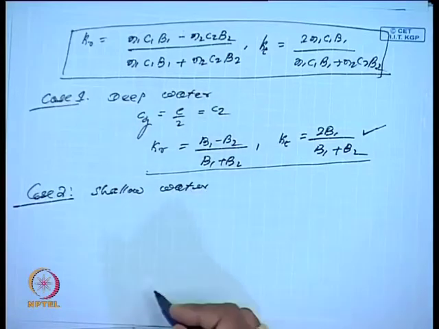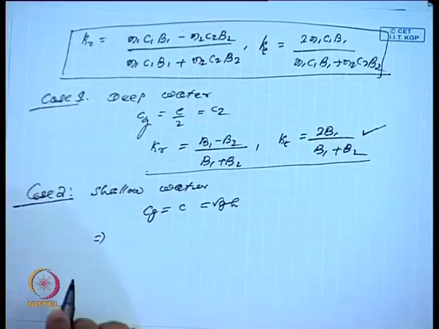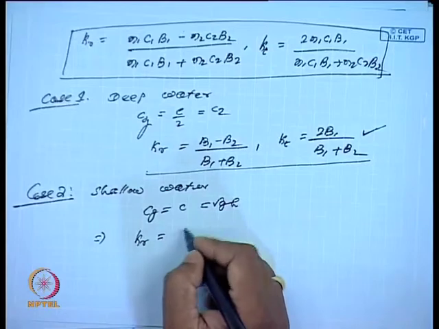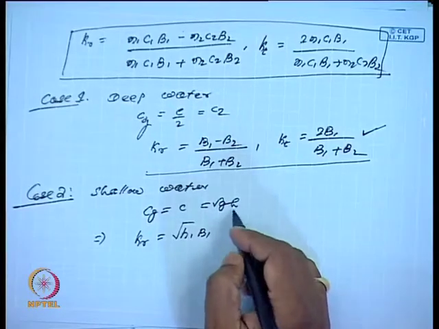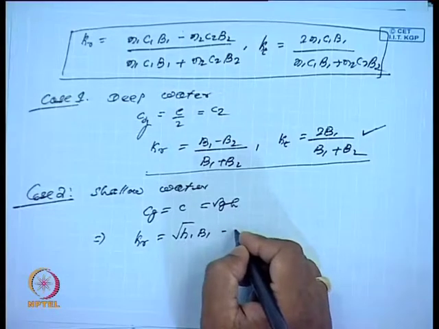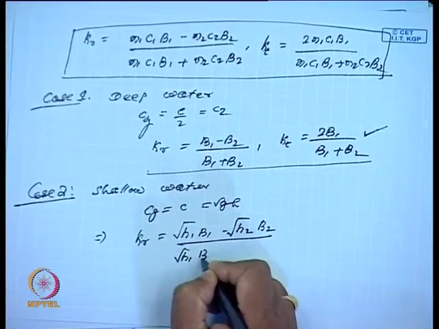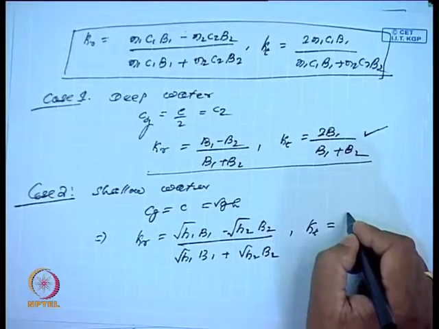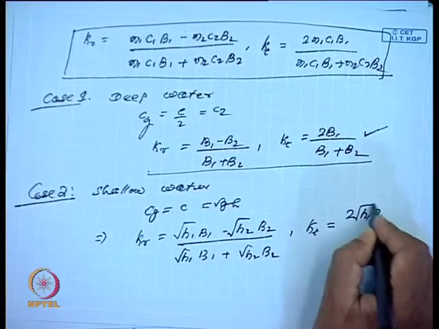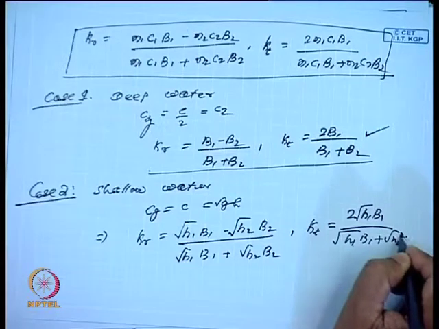If I say shallow water, then what will happen? n1 C1 is with Cg equal to C, that is root gh, which gives my Kr as (H1 B1 root H1 B1 minus H2 B2 root H2 B2) divided by (H1 B1 root H1 B1 plus H2 B2 root H2 B2), and this Kt becomes twice H1 B1 root H1 B1 by (H1 B1 root H1 B1 plus H2 B2 root H2 B2).